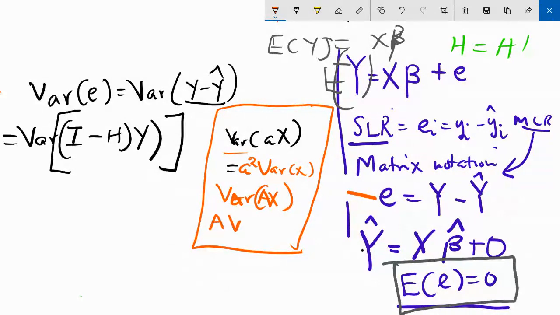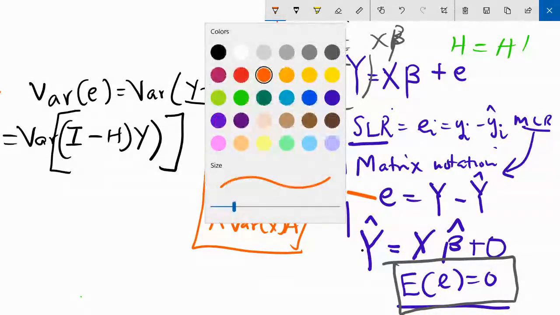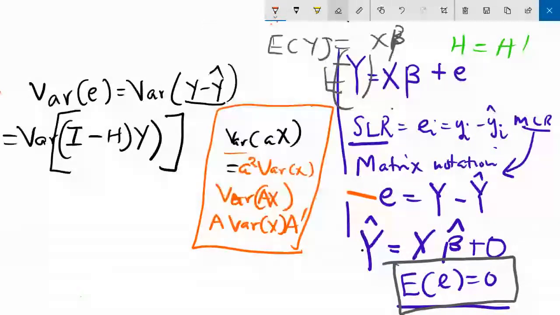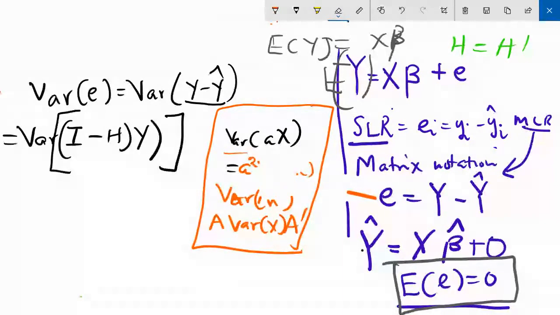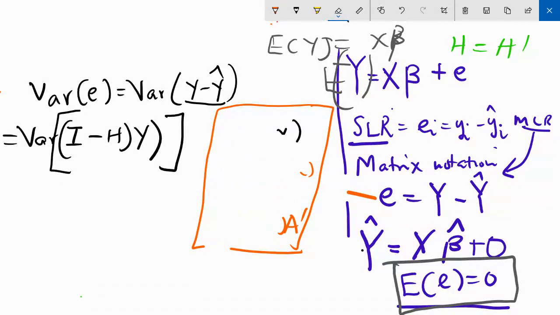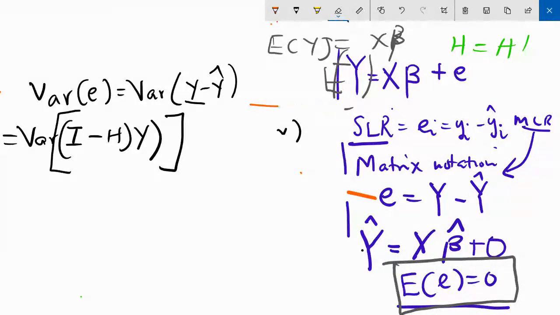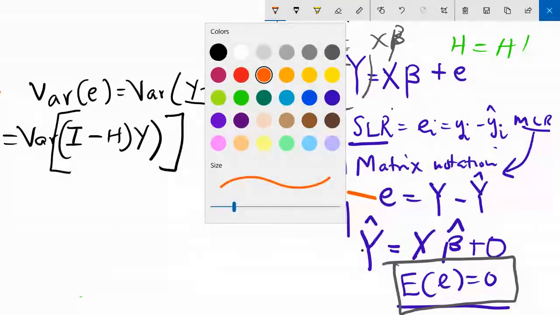So the very same thing in matrix notation, variance of AX provided A is a constant, is the same as A variance of X A prime. That rule we will need here. So you see, these things are connected. Now let's move on, guys.